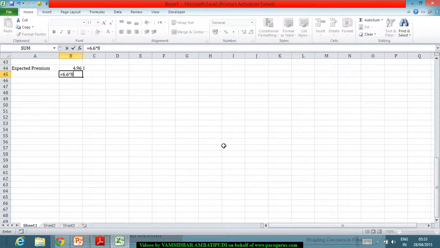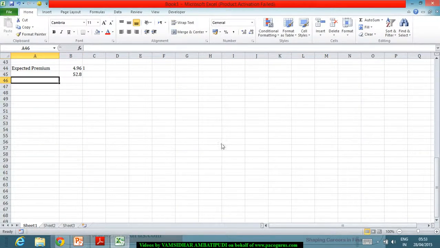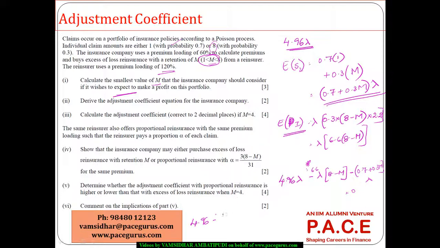6.6 times 8 is around 52.8, minus 52.8 plus 6.6 M, minus 0.7 minus 0.3 M is equal to 0.